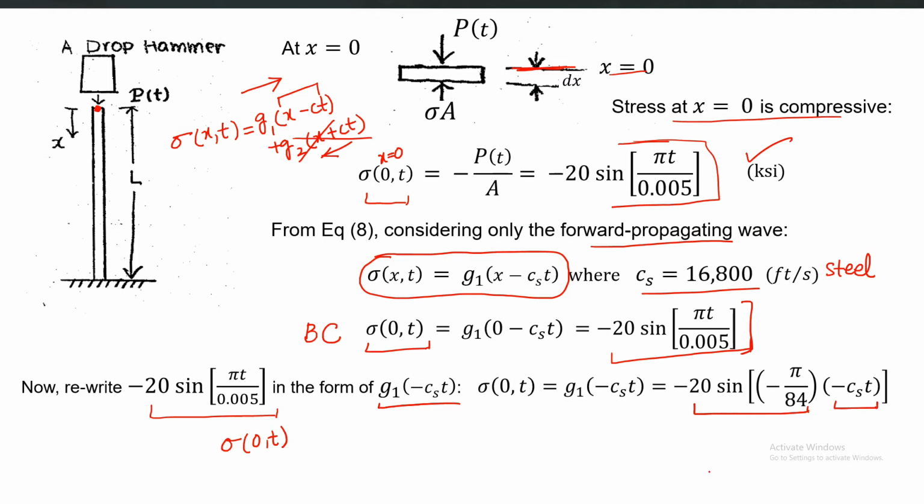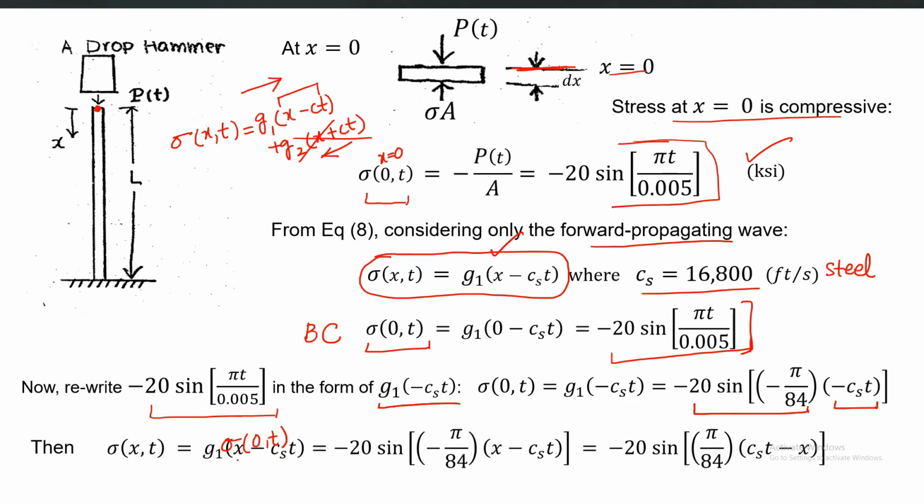This is what we are doing: mapping our boundary condition solution with the original shape of the solution which we want to calculate. So if we introduce x in the original function, sigma 0 comma t was known already, but for sigma x comma t we will simply replace 0 with x in the solution also. Originally it was 0 in the given boundary condition. We just replace it with x. So now our g1 function is complete.